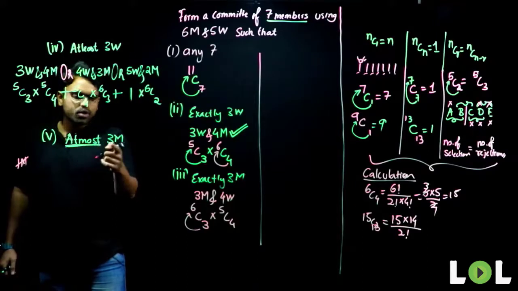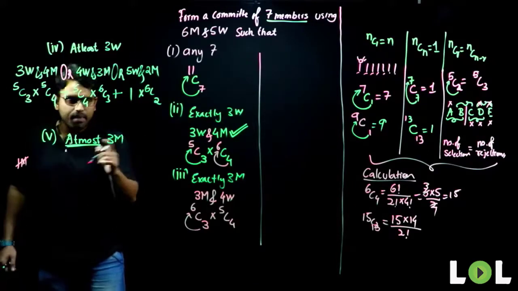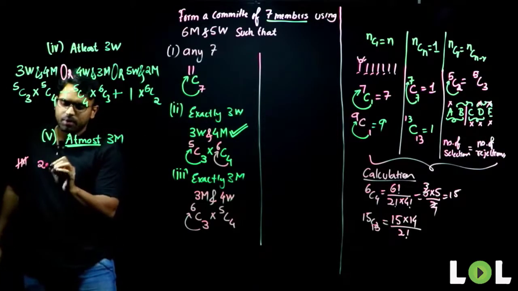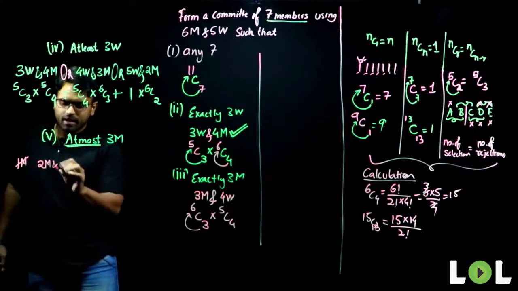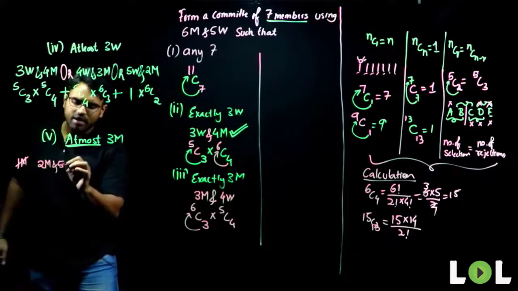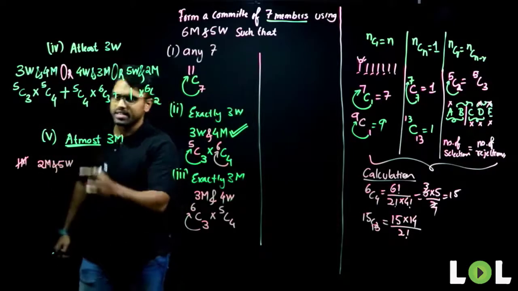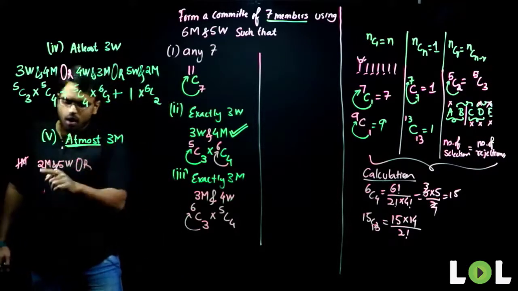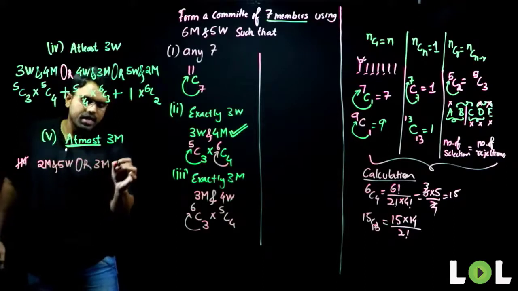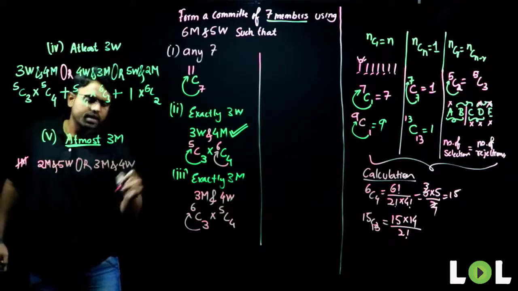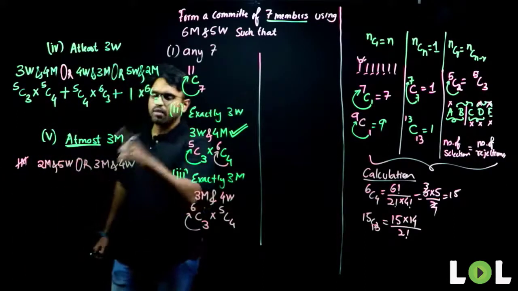Maximum 3, but the men must be a minimum of 2. If 2 men and 5 women are there, I can still form a committee of 7. Or 3 men and 4 women can form a committee of 7.